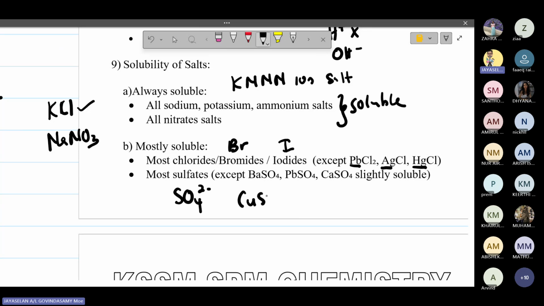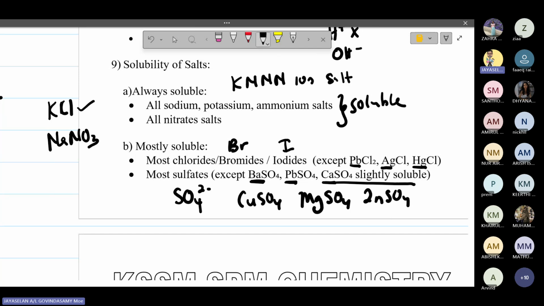All sulfate, SO4 2 negative. For example, copper 2 sulfate, magnesium sulfate, zinc sulfate, all these salts, right? All soluble, except which one is insoluble? Read PB: barium sulfate, calcium sulfate and lead 2 sulfate. Only three insoluble. This one is slightly soluble. Only this you must remember.